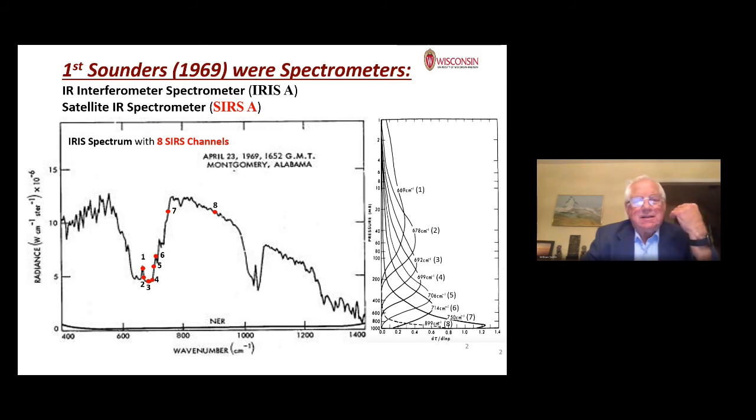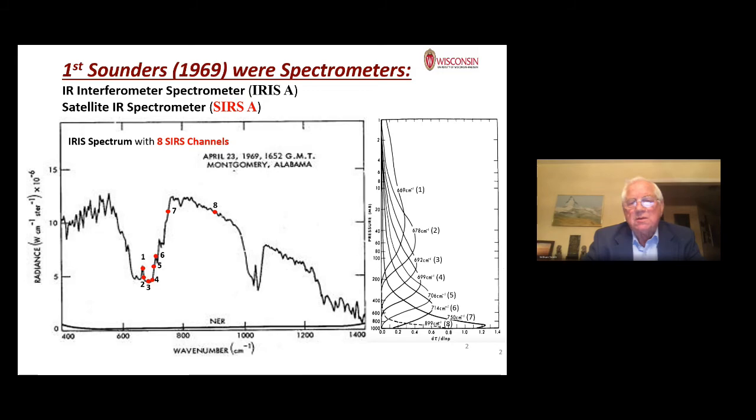And this is the carbon dioxide absorption band. Measurements near the strongest absorbing region of this band looked at the high levels of the atmosphere. These are the atmospheric layers from which the radiation to space was coming.